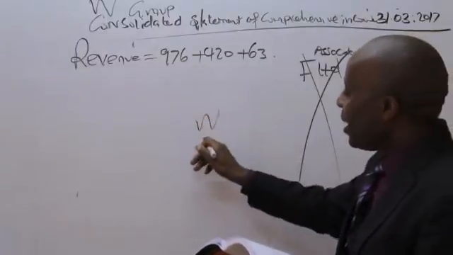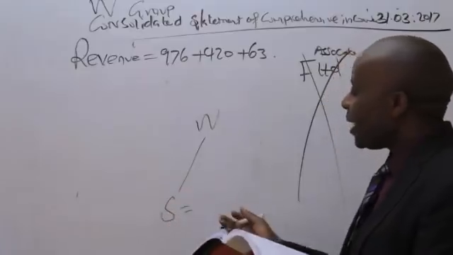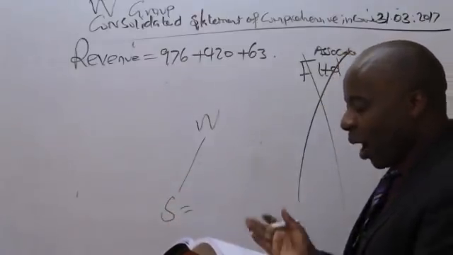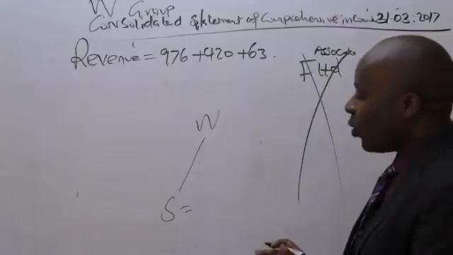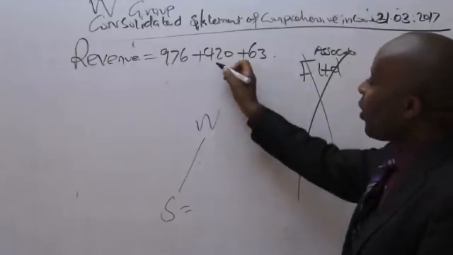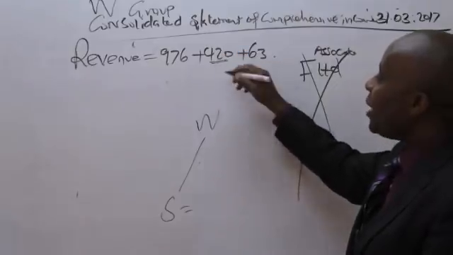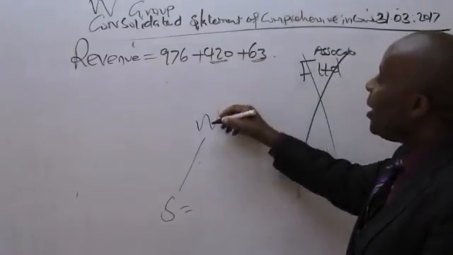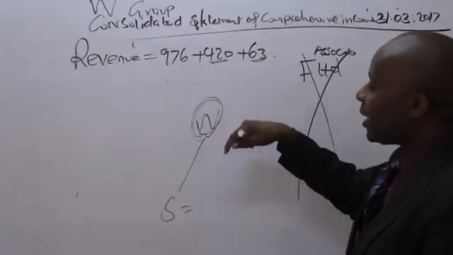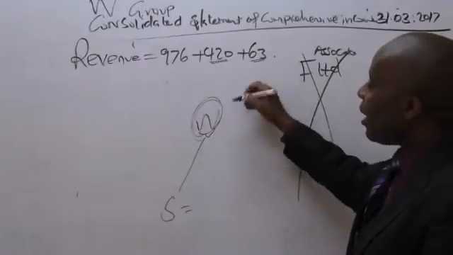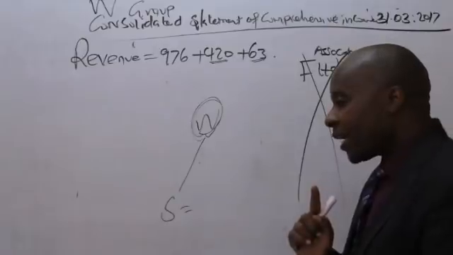This W Limited acquired S Limited 1 year ago, and that is why we are not doing time proration of the figures of S. And it acquired F Limited in its incorporation date. So meaning that it has been with F Limited for more than 1 year.